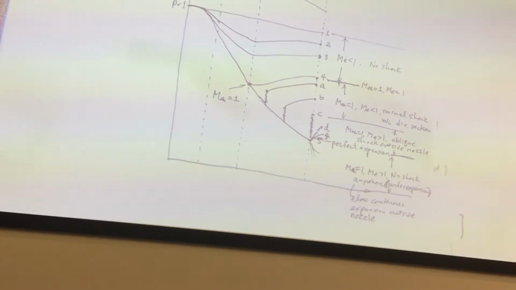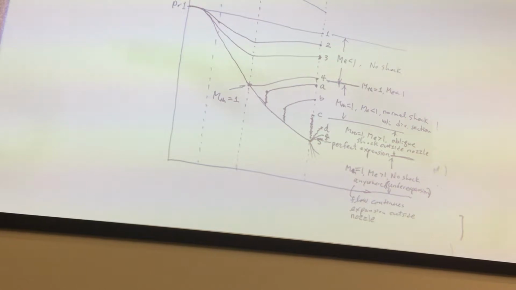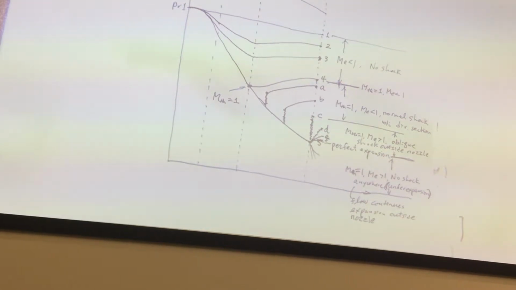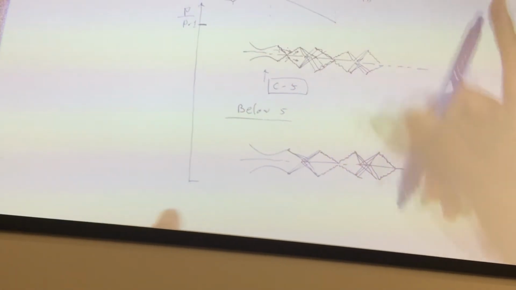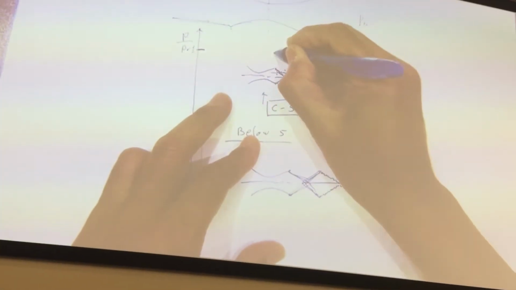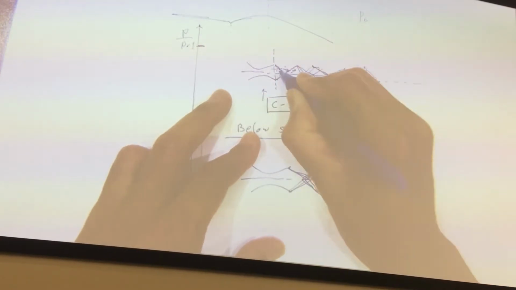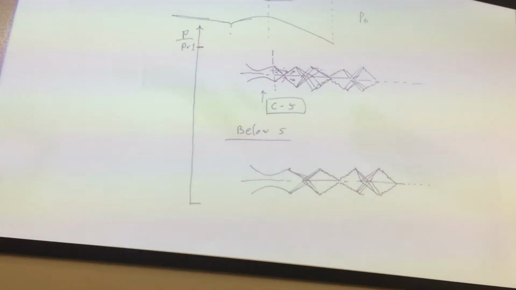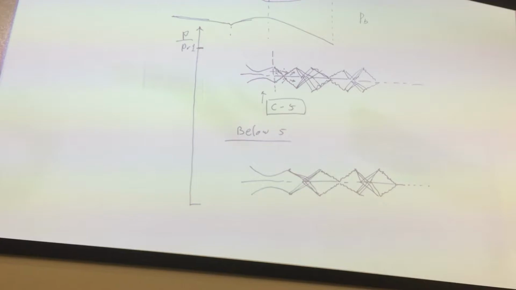You will either exit with a subsonic flow, or you will exit with a supersonic flow. So by definition, if you have an oblique shock wave like here, and your exit plane is here, right? So flow here is still supersonic. Not just that, even after the oblique shock wave, it could still be supersonic.